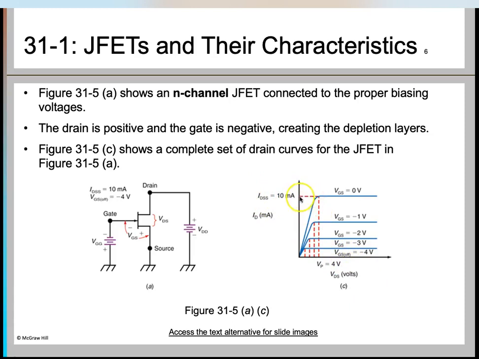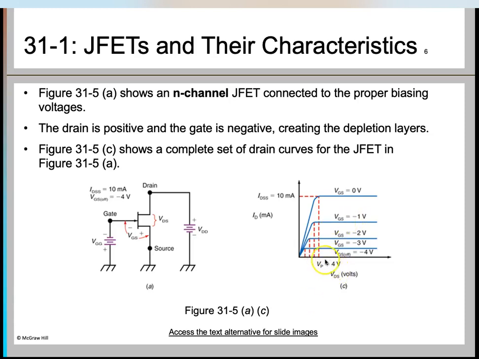And then the region between when VGS is equal to 0 volts and when the pinch-off voltage is achieved, on the left hand side towards this side, is called your ohmic region, when VGS is equal to 0 and the depletion layer is very small. The JFET acts like a voltage controlled resistor.